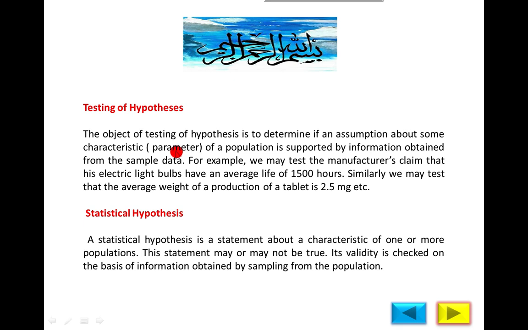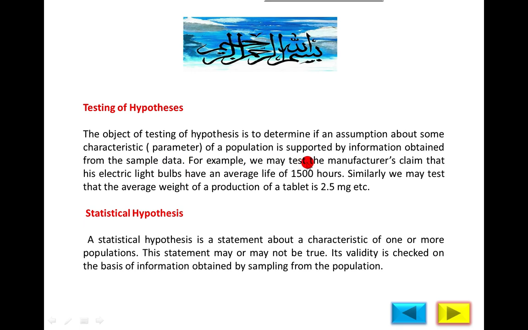So we test the population parameter value with the help of sample data, supported by information obtained from the sample data and sample statistic.